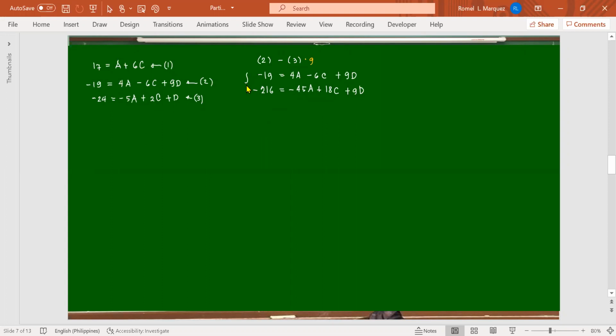So we get the difference. Negative 19 plus 216 now. That is 197. When getting the difference, this is 49A.